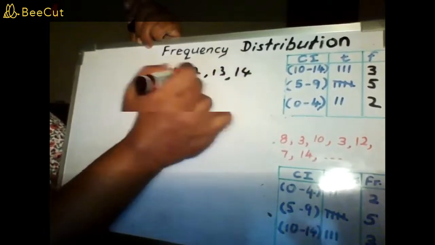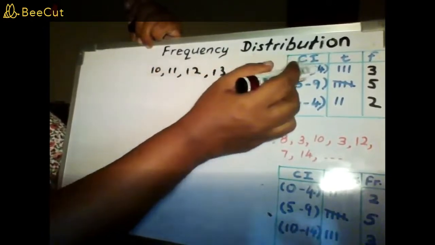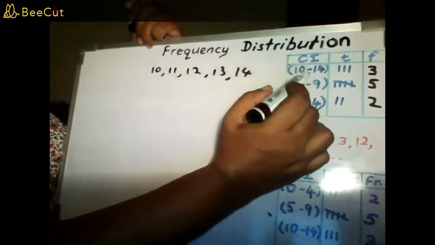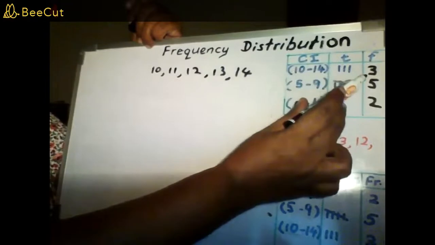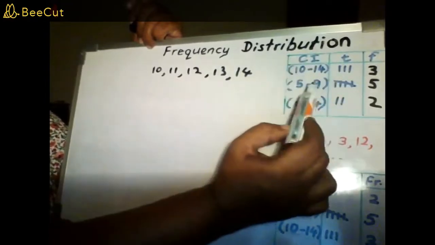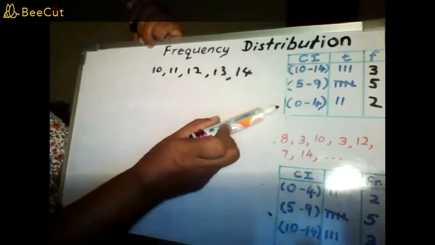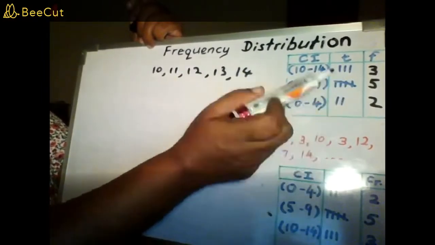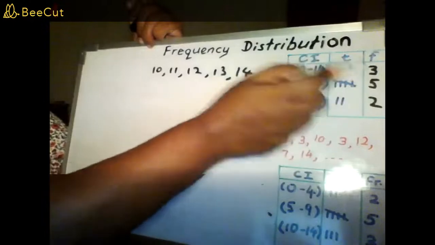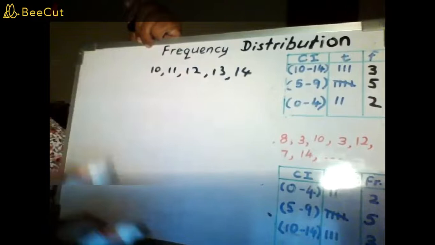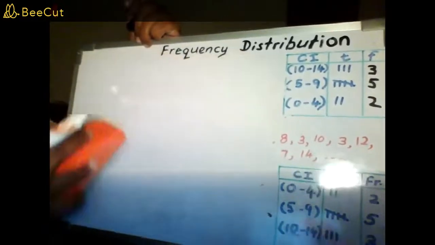The students who have scored these marks are included in this class. How many students scored marks between 10 and 14? 3. Now, how many students have scored marks between 0 and 4? 2. So, these are the frequencies. Alright. So, we did the class intervals and the frequencies.